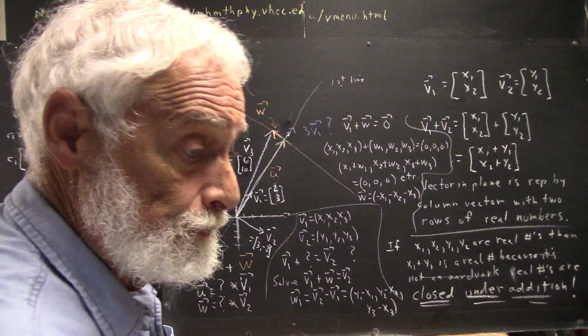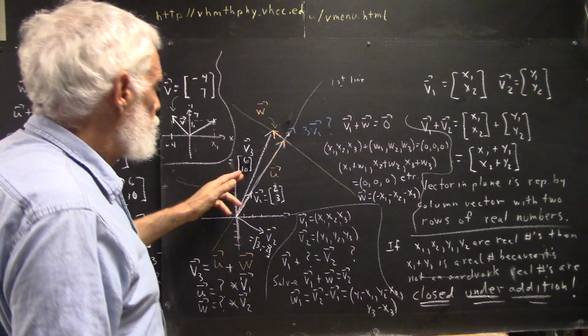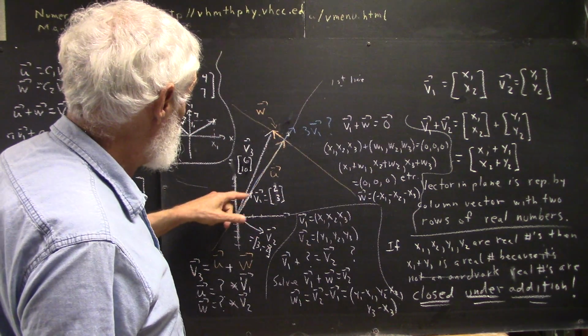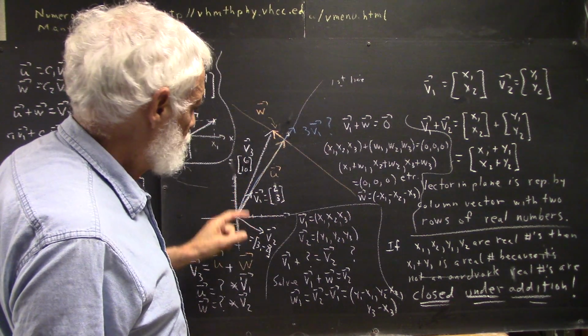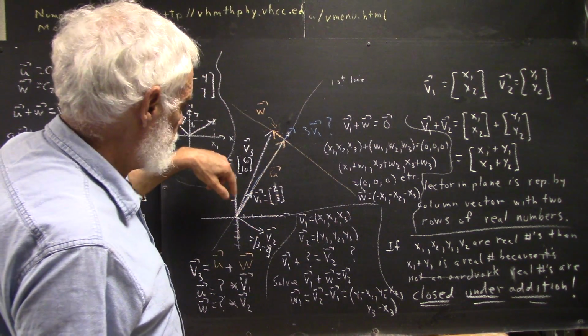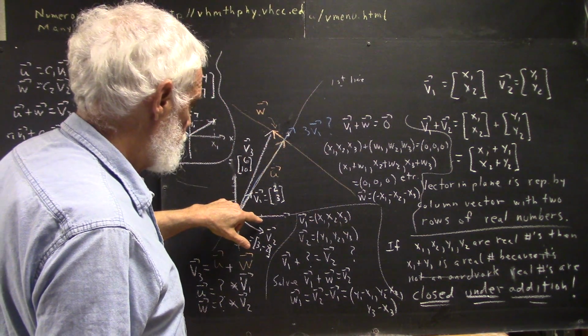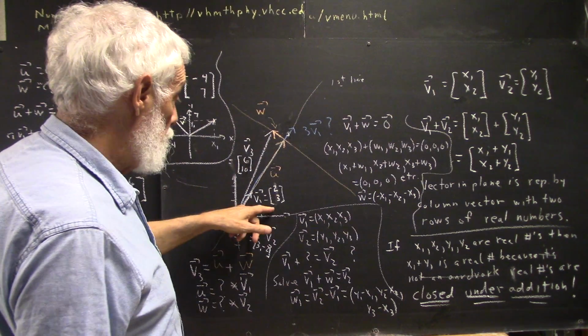Now, how do I know this vector, if represented in the plane, makes a steeper angle with the x-axis than this one does?